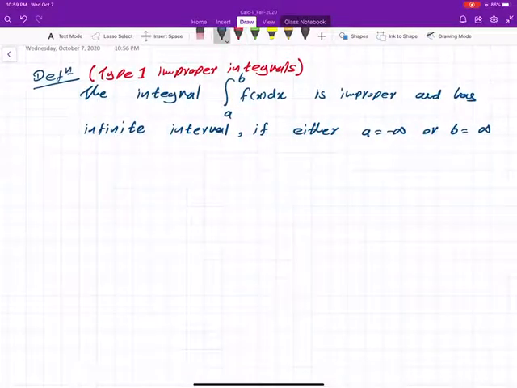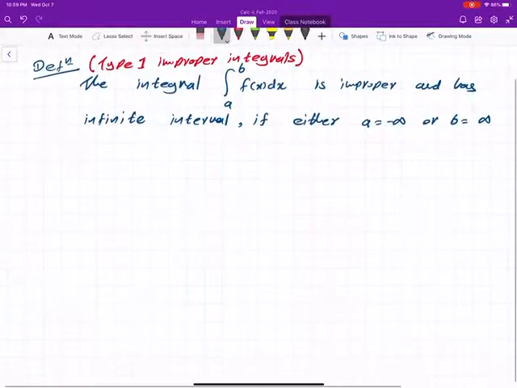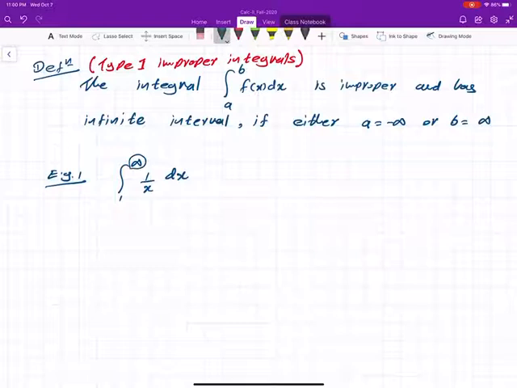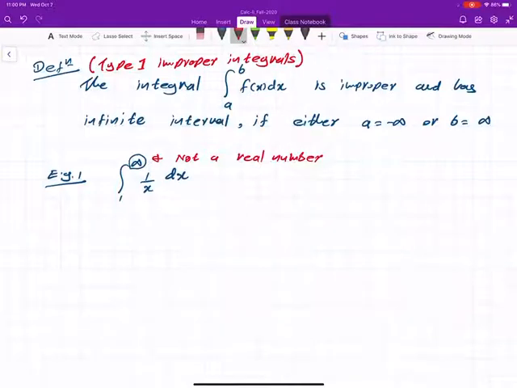All right. Let's move to the first example so you can understand this very well. Example number 1. Integration from 1 to infinity of 1 over x dx. Here you see the upper limit is not a real number.